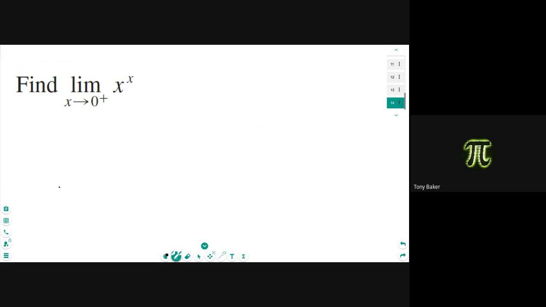All right, so this is 0 to the 0 power, right? How do we want to adjust this problem? That we did in Excel.